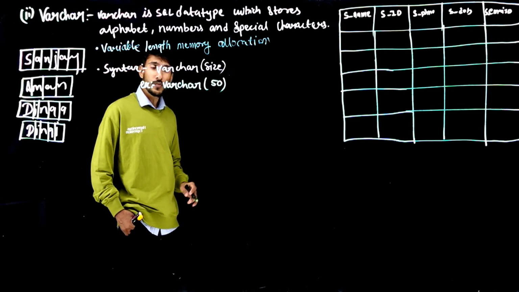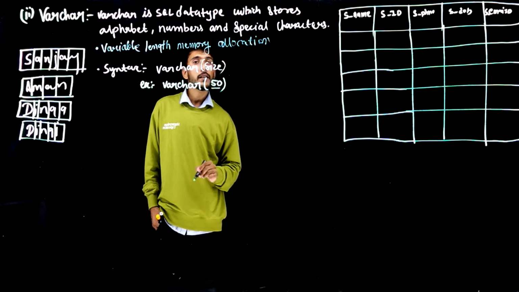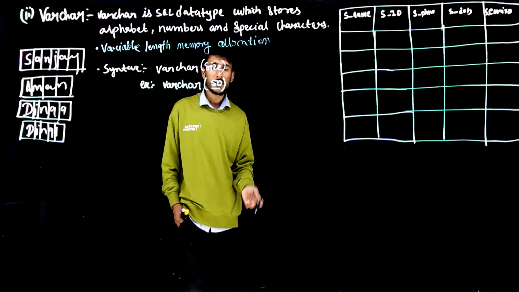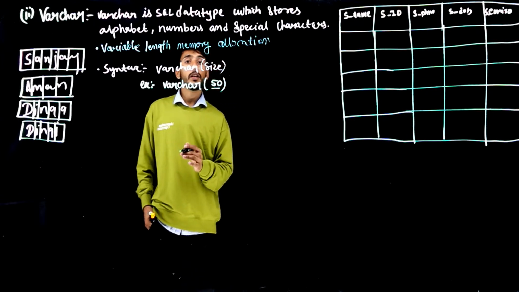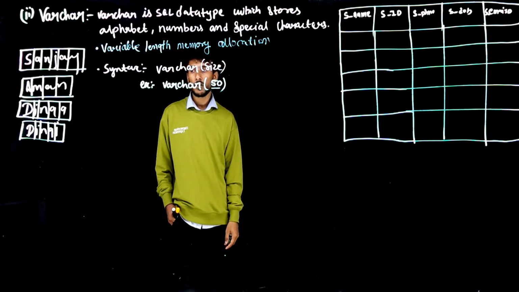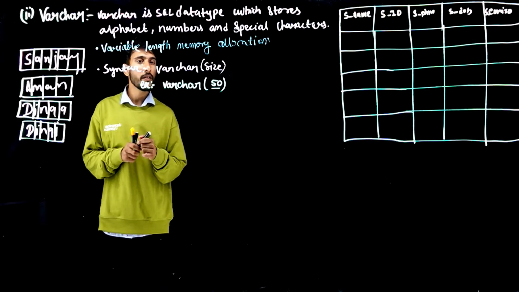Yes, you can use more, but it should not cross 50. What if I have data above 50? Then give a larger size so that your data does not cross the limit. That is how varchar works.